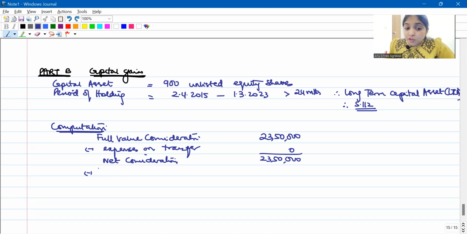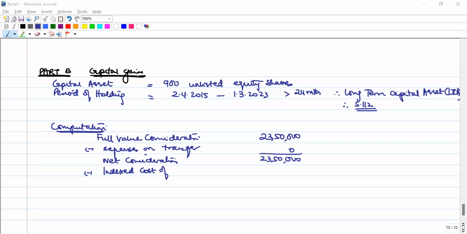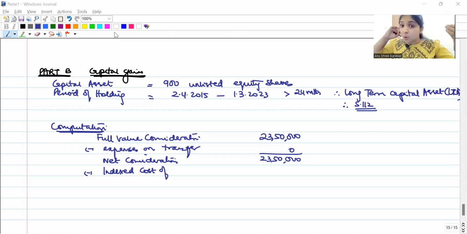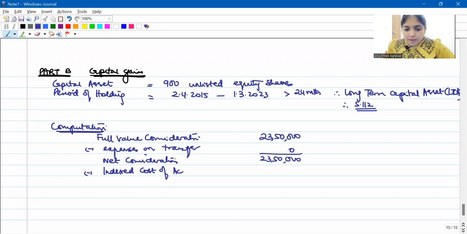So I can index the cost of acquisition. Yes, I can index the cost of acquisition. Had it been 112A, then you would have applied all that drama of not indexing, instead comparing with FMV and all that. But here it's 112, so I'll take the indexed cost of acquisition. Now, what is the cost of acquisition?